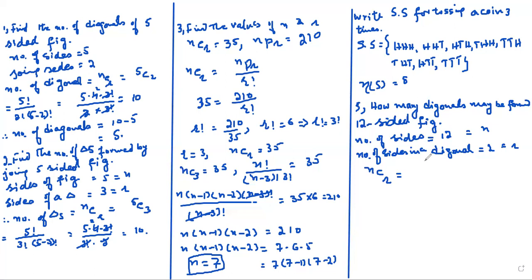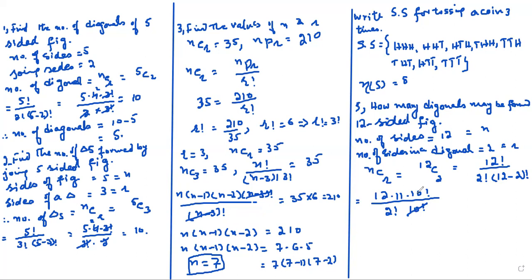nCr equals 12C2, which equals 12 factorial divided by 2 factorial and (12 minus 2) factorial. So this equals 12, 11, 10 factorial divided by 2 factorial and 10 factorial.